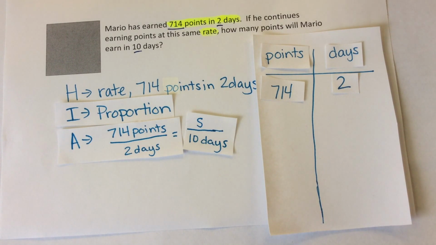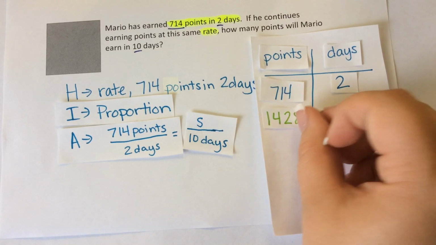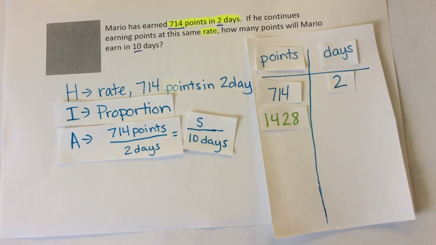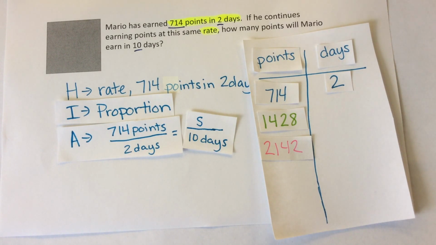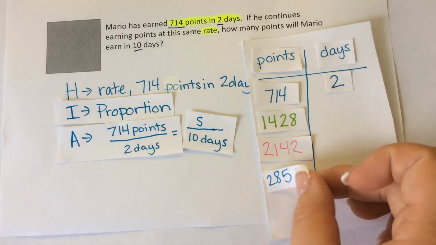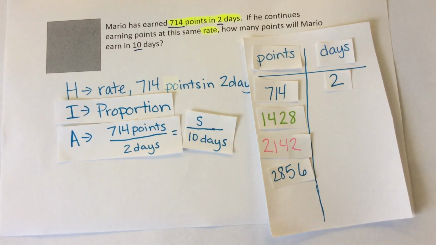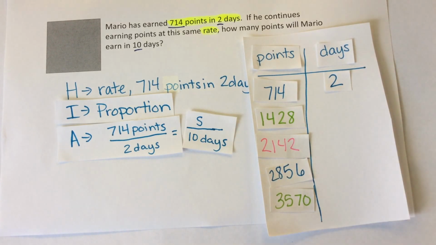So let's add 714 in the points column over and over. 714 plus 714 is 1,428. 1,428 plus 714 is 2,142. 2,142 plus 714 is 2,856. 2,856 plus 714 is 3,570.